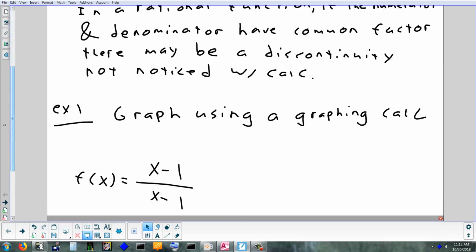Hopefully everyone can look at that pretty quick and tell me the value you cannot use for x. What's the value you can't use for x? 1. Now the question would be, all right, is it a hole at 1 or is it an asymptote? Well, I see a common factor. The top is x minus 1, the bottom is x minus 1.